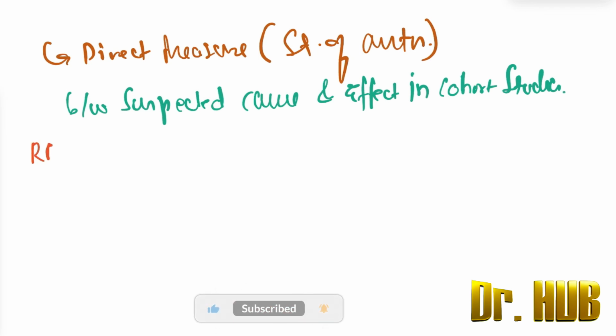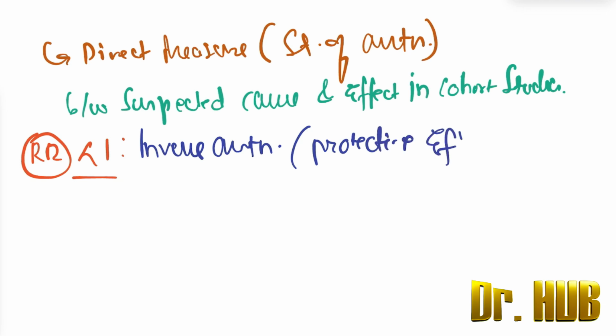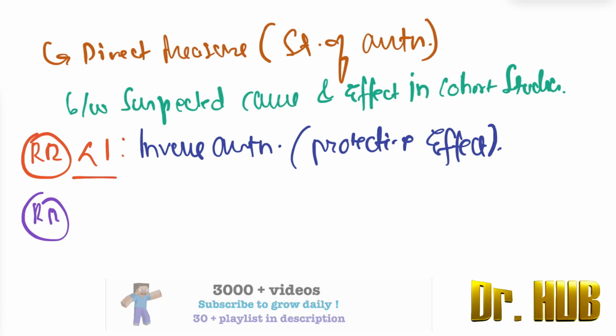In case the RR, the relative risk, is less than 1, what does it indicate? It indicates that there is an inverse association, that is, there is a protective effect. Then let's look at RR equal to 1. It indicates there is no association.